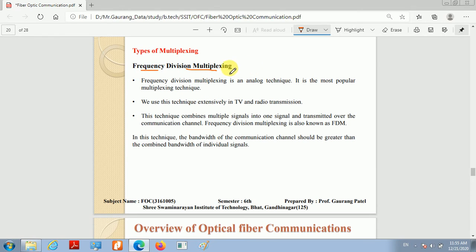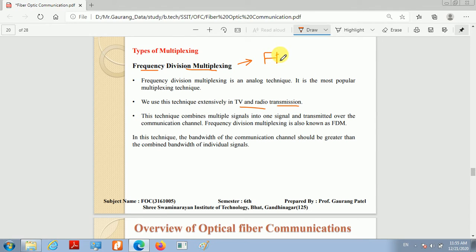So frequency division multiplexing is an analog multiplexing technique, and it is the most popular multiplexing technique in TV and radio transmission. Okay, so as we know, in frequency division multiplexing, multiple signals are combined at the transmitter into one signal and transmitted over the communication channel, and this is also abbreviated as FDM.